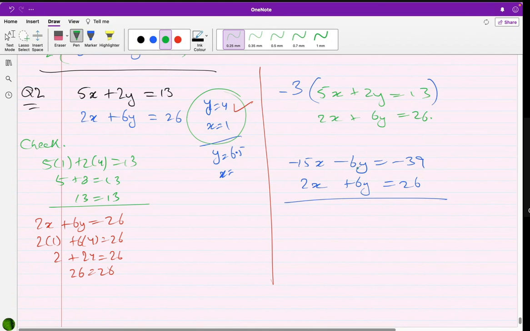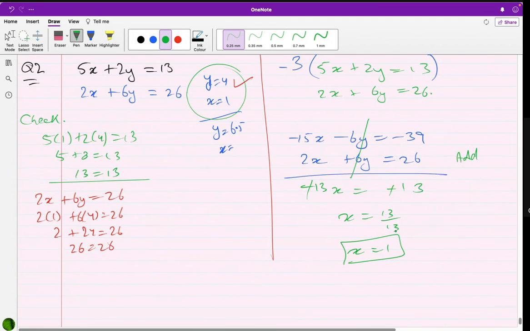So when I just add them, minus 6 plus 6 cancels out. So minus 13x is equal to 39 minus 26, so x is equal to 13 by 13. X is equal to 1. And we can copy any equation.